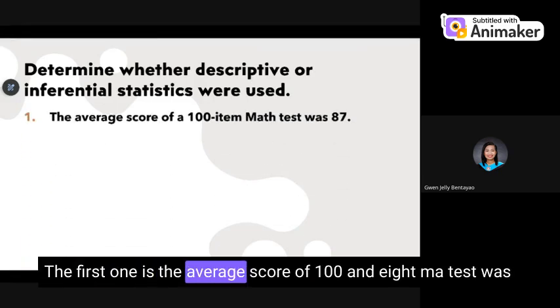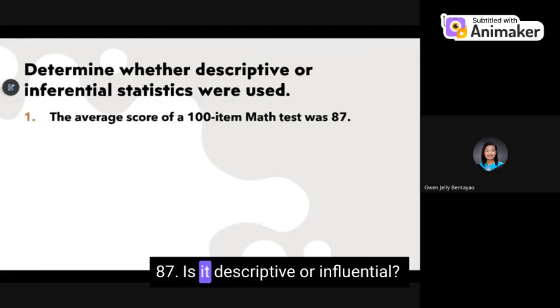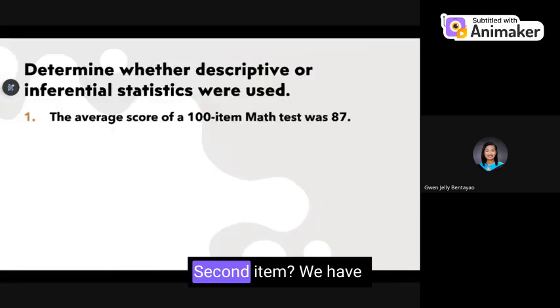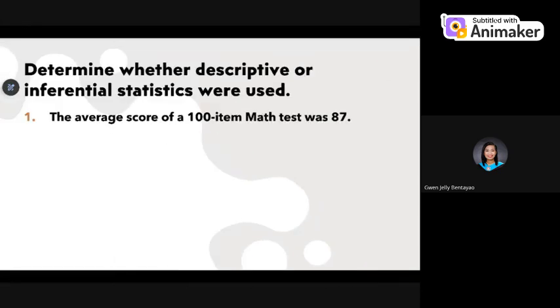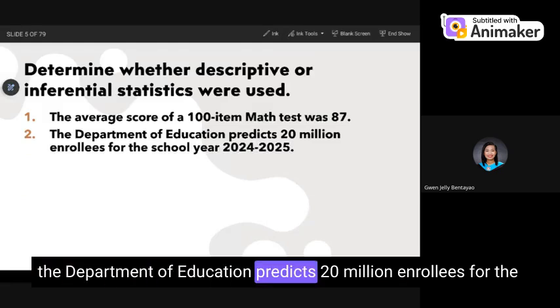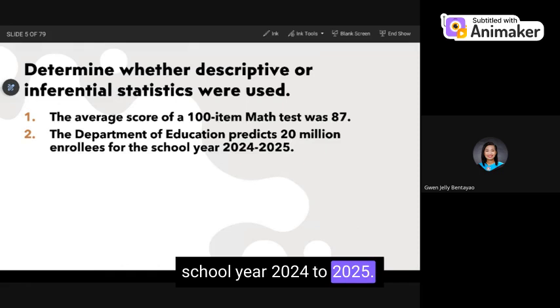First one is the average score of a 100-item math test was 87. Is it descriptive or inferential? Second item, we have the Department of Education predicts 20 million enrollees for the school year 2024 to 2025.